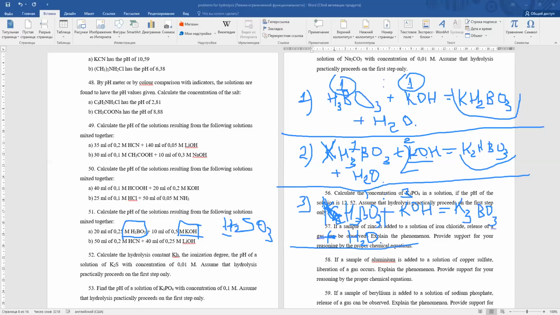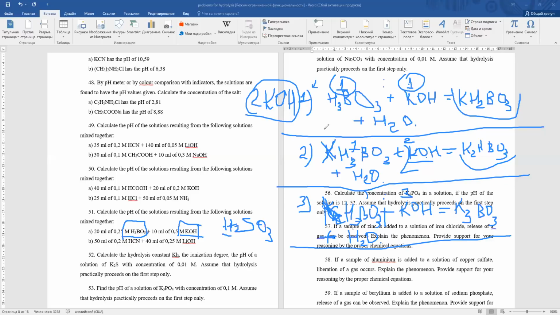Because this is a summary of the reactions, the final reactions. In reality, if you get 2 moles of the potassium hydroxide in your solution, this acid begins being spent, and the first stage occurs.